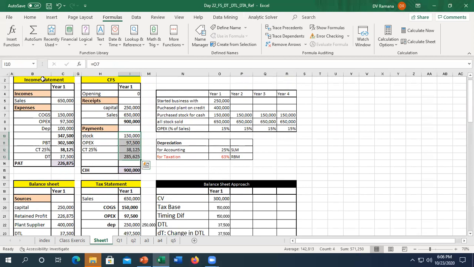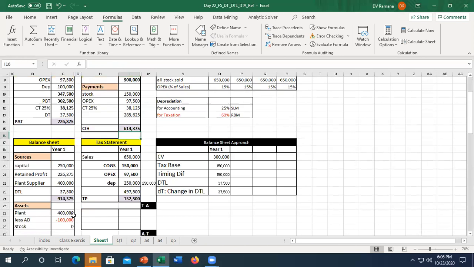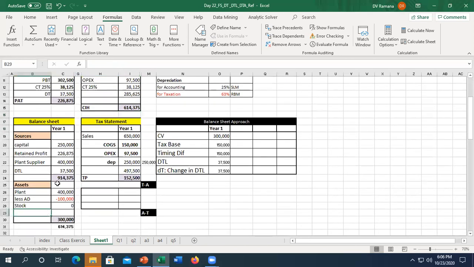Cash in hand is an asset, and the asset will be shown as 614,300. So our balance sheet tallies.